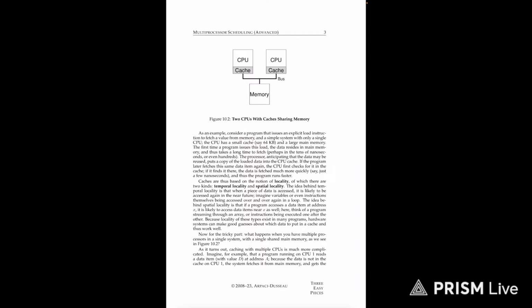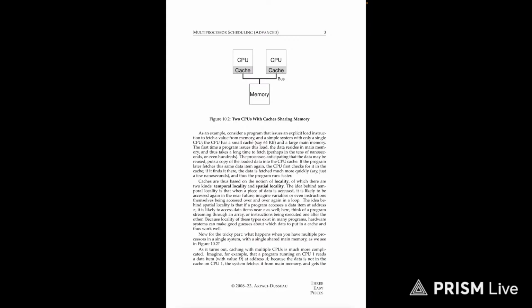Imagine, for example, that a program running on CPU 1 reads a data item with a value D at address A. Because the data is not in the cache of CPU 1, the system fetches it from the main memory and gets the value D. The program then modifies the value at address A, just updating its cache with the new value D dash. Writing the data through to the main memory is something the system will usually do later.